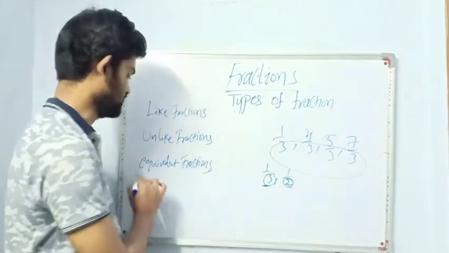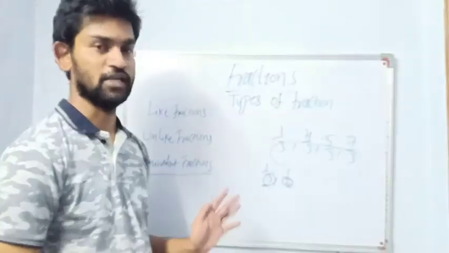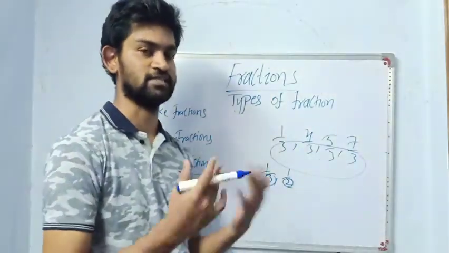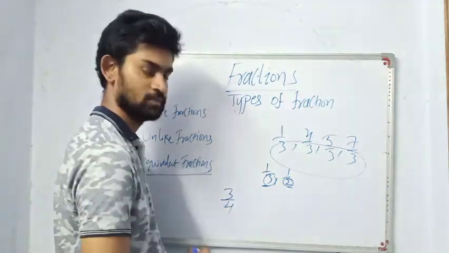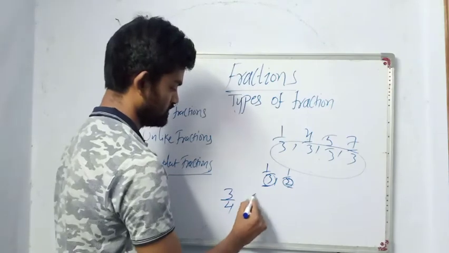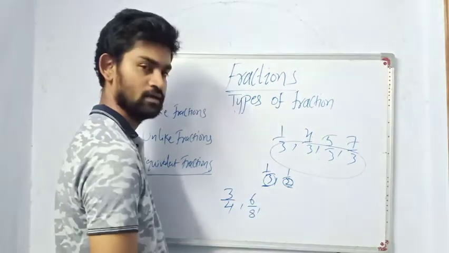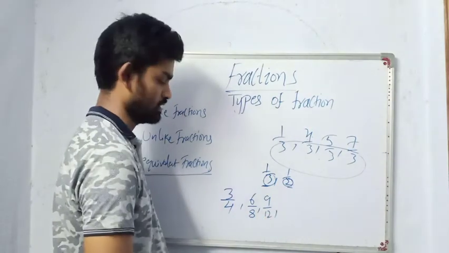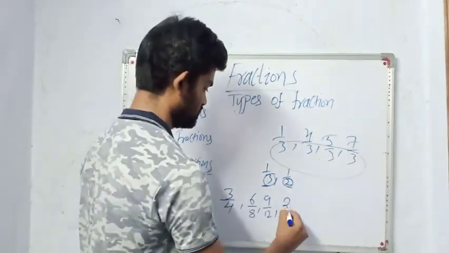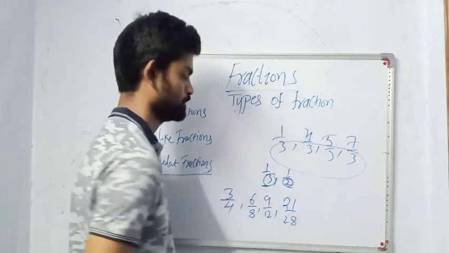Now we will see equivalent fractions. This is very important. Equivalent fractions are the fractions which have the same value. Like if you take 3 by 4, I will write 6 by 8, I will write 9 by 12, I will write 21 by 28.